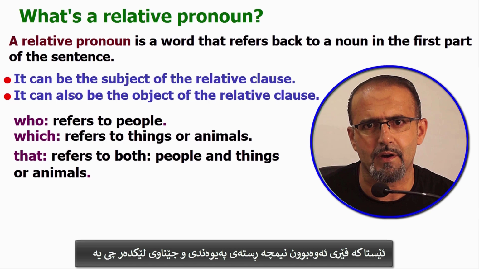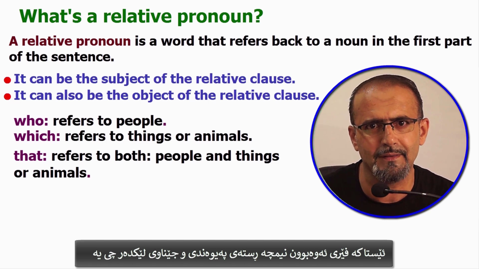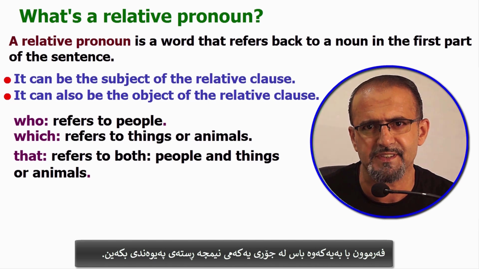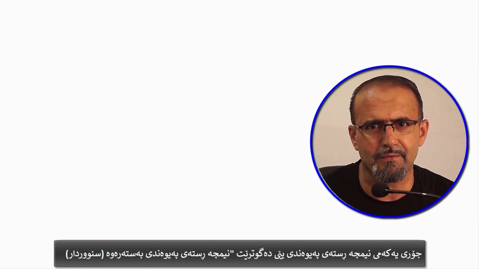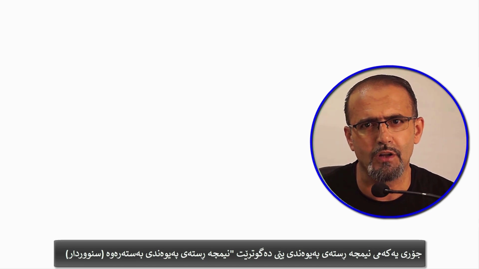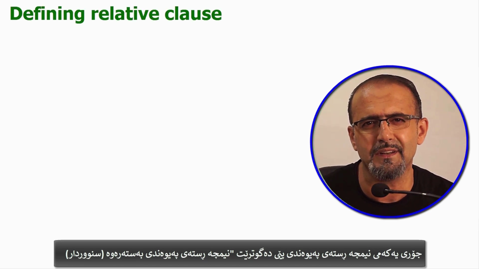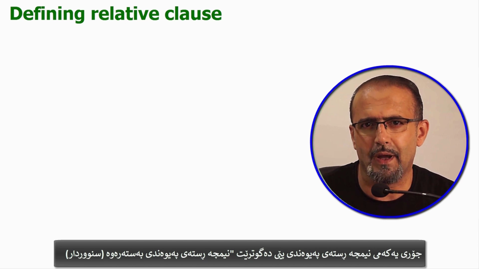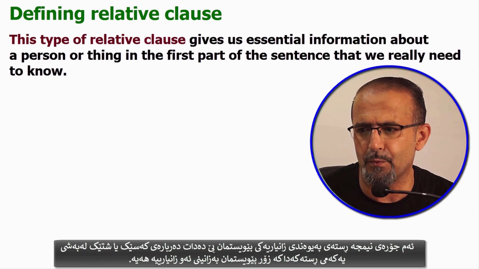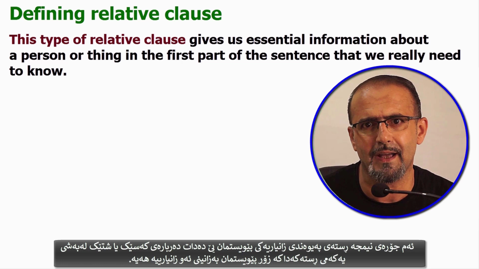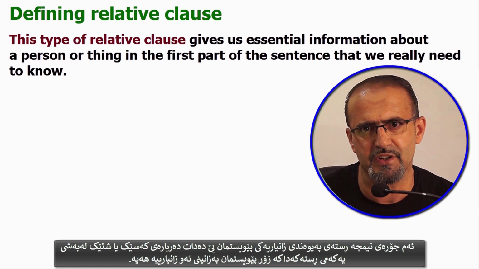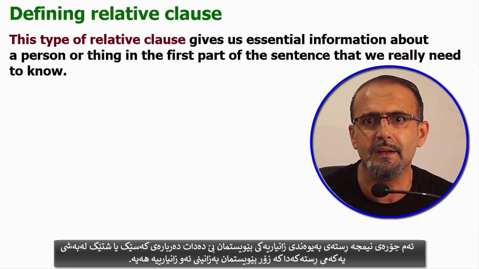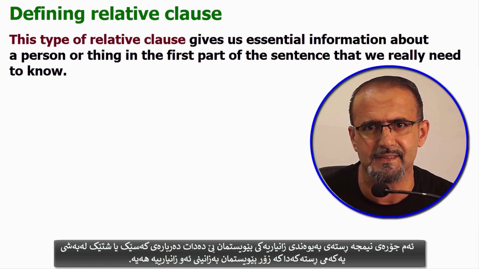Now that you've learned what the relative clause and relative pronoun are, let's discuss the first type of relative clause. The first type of relative clause is called a defining relative clause. Well, this type of relative clause gives us essential information about a person or thing in the first part of the sentence that we really need to know.